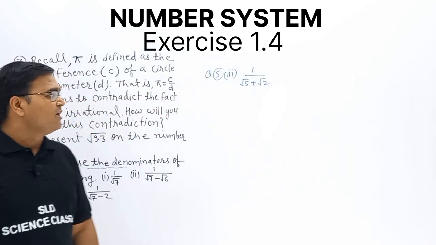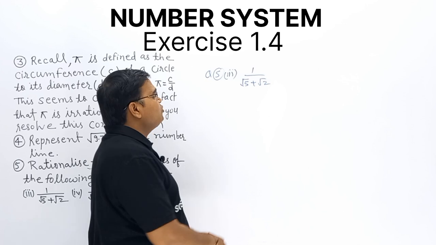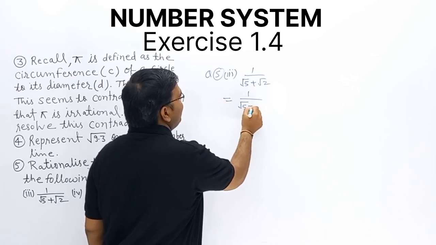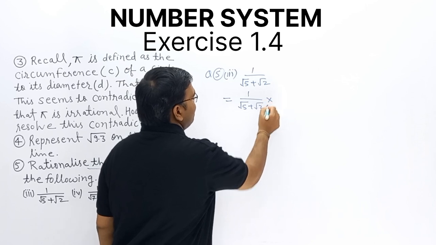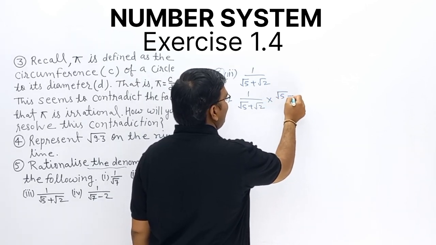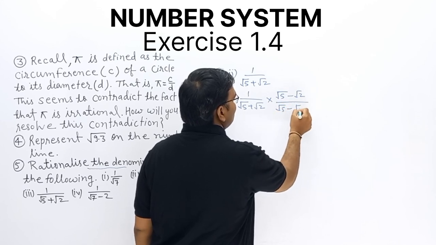Now again we have the a plus b form in the denominator, so we will use the conjugate of this number. And what will be the conjugate of root 5 plus root 2? We multiply and divide. So its conjugate is root 5 minus root 2 divided by root 5 minus root 2.